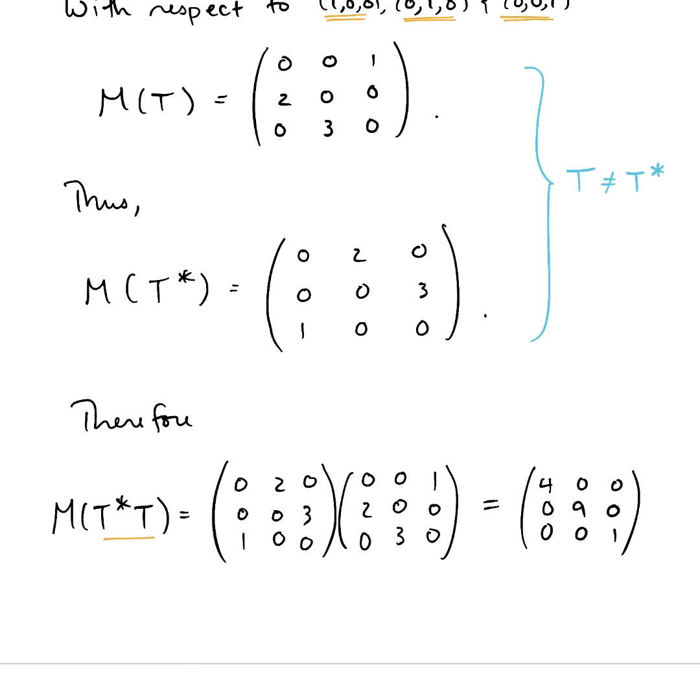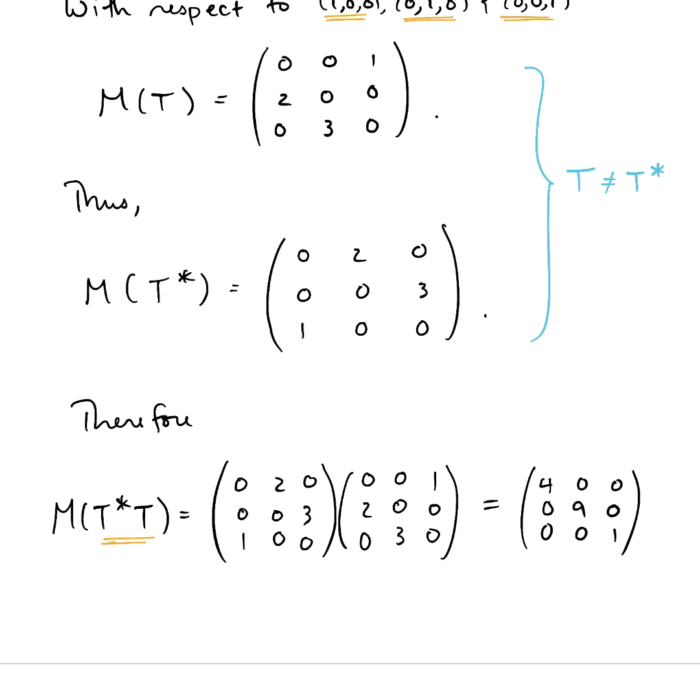Because this operator, T star T, even if T isn't nice, T star T is great. T star T, that operator is positive, so self-adjoint. It's got all these eigenvalues, like everything's really nice. And so you say, all right, well, T wasn't that great. It wasn't self-adjoint, but boy, T star T, what a nice operator.